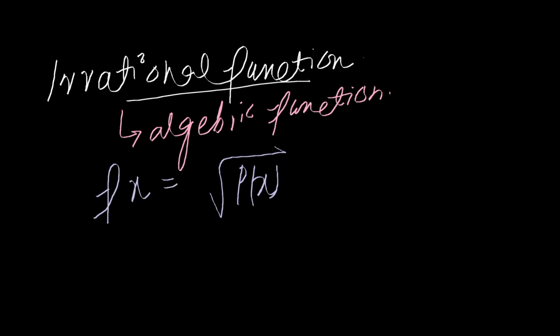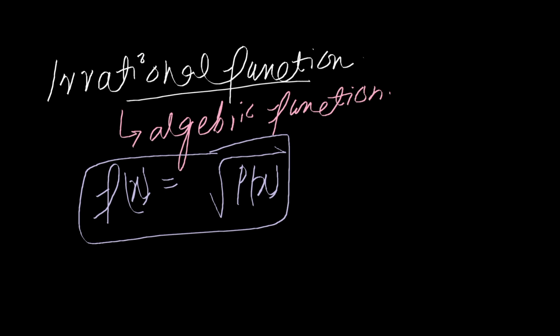If you see any function in the form of under root p of x, it would be an irrational function, which is a type of algebraic function.